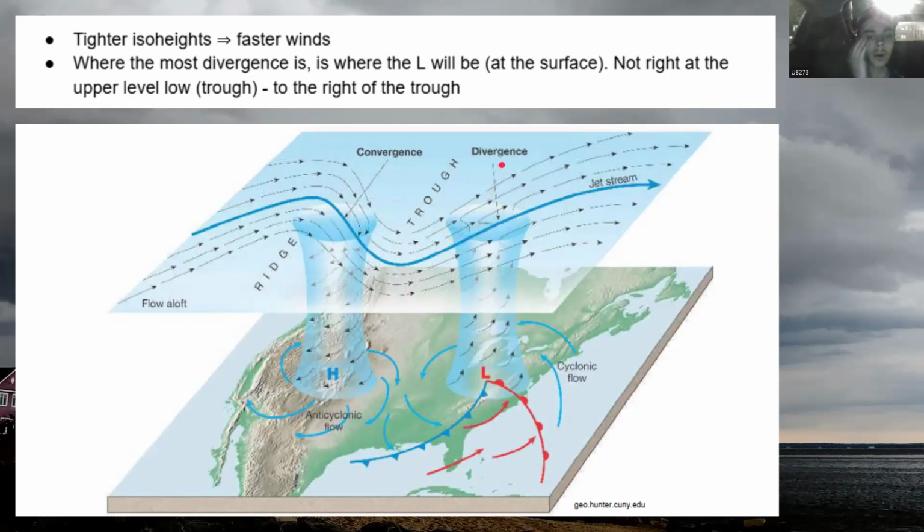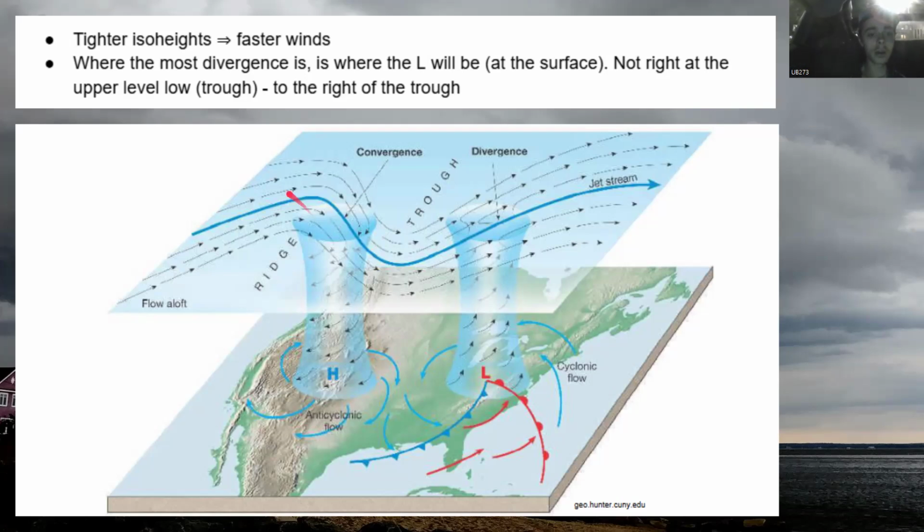And the divergence is always going to be just after the trough because at the trough, things have been slowed down, but they're starting to pick up like the son speeds off, but the grandma's left behind. Convergence, other way around, you have this slow grandma in the front, so the slower winds ahead of faster winds, and the faster winds are like someone that crashes into the back of the slow grandma.